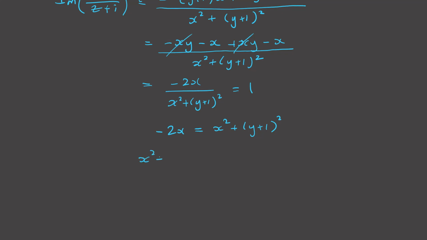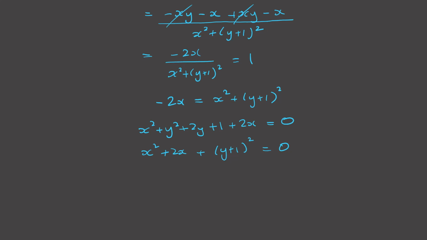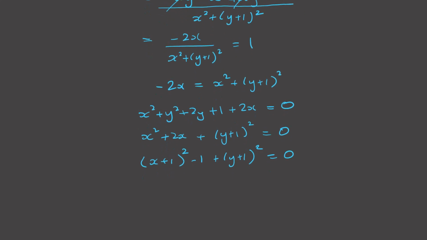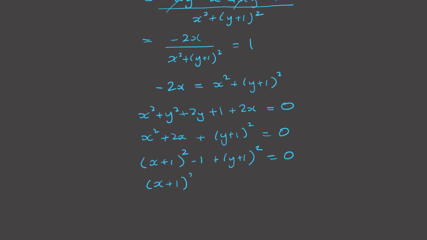So we have x squared plus y squared plus 2y plus 1 plus 2x is equal to 0. So x squared plus 2x plus, actually let's leave that as the (y plus 1) squared there. And then this one is going to be, completing the square, (x plus 1) squared, take away 1, plus (y plus 1) squared equals 0, or (x plus 1) squared plus (y plus 1) squared equals 1.